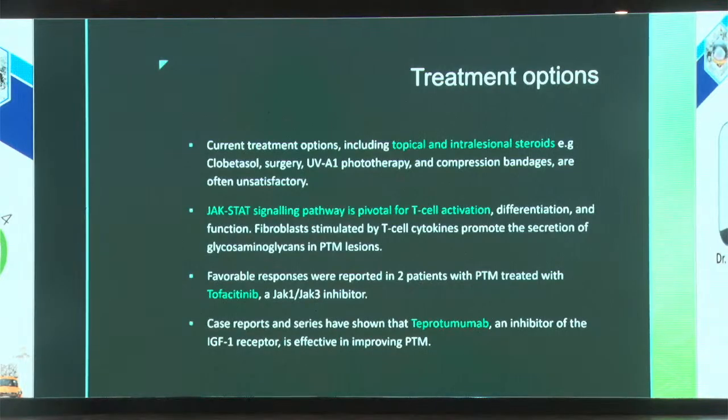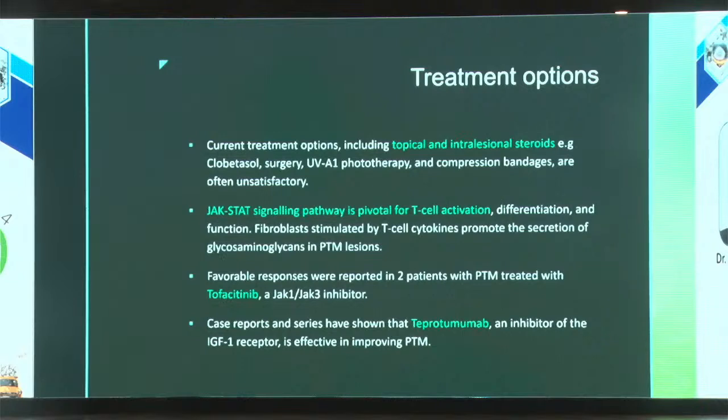So what are the current treatment options that are available? Traditionally, it is topical and intralesional steroids, mostly clobetasol or some other form of steroid. You can also think of the JAK-STAT signaling pathway, pivotal for T cell activation, and that's why tofacitinib, which is a JAK1, JAK3 inhibitor, has been found to be quite useful.